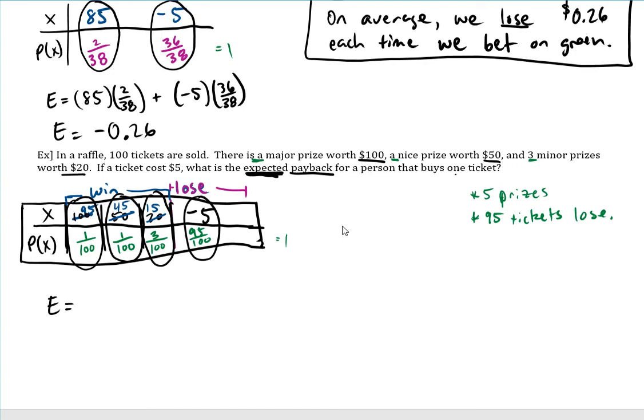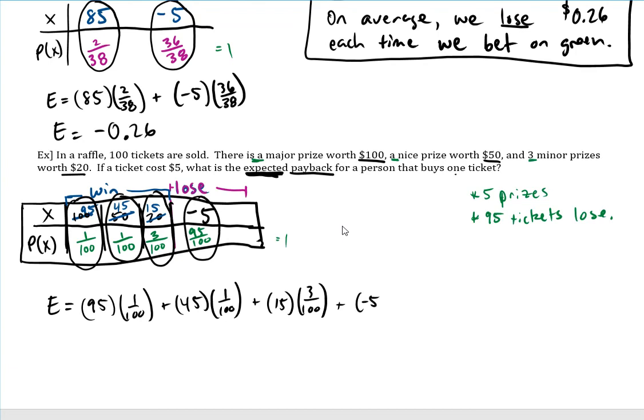So our expected payback, or expected value, E, is equal to 95 times 1 out of 100, plus 45 times 1 out of 100, plus 15 times 3 out of 100, and then plus negative 5 times 95 out of 100.